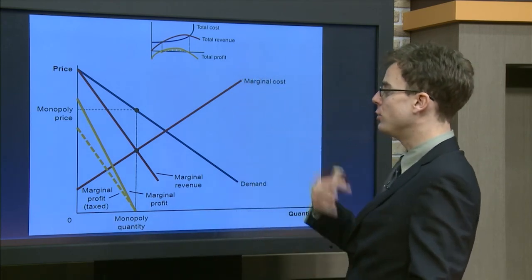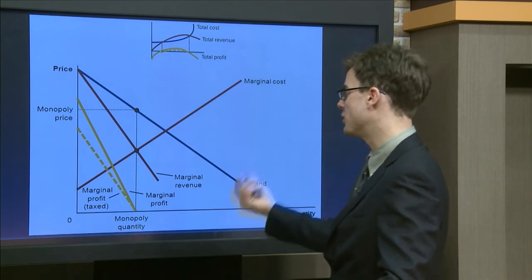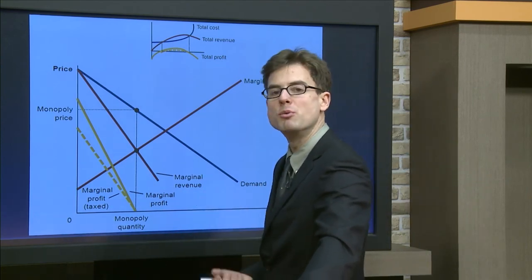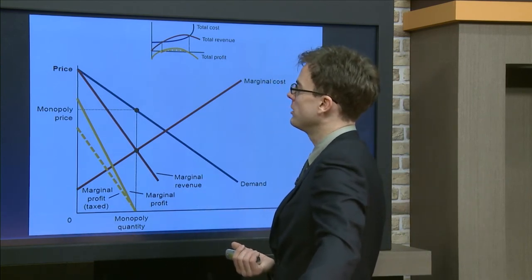And in this way, using this command and control policy, the government could remove the inefficiency from monopoly.